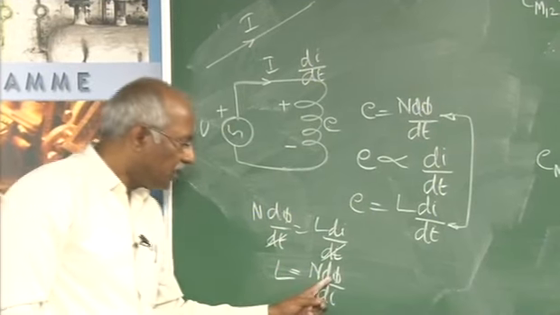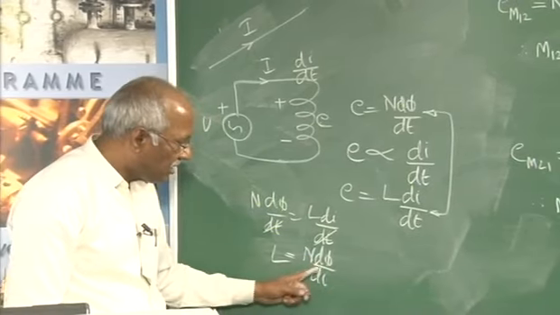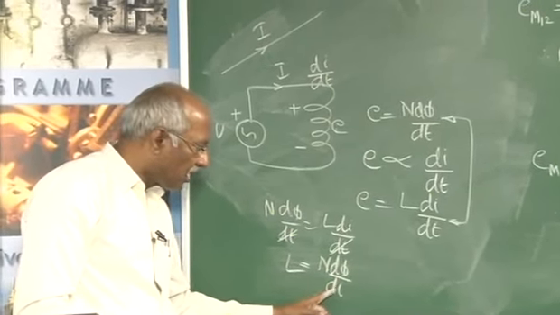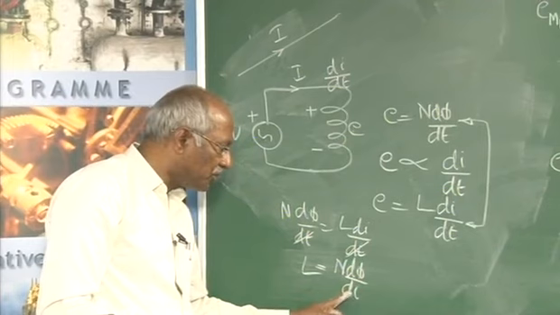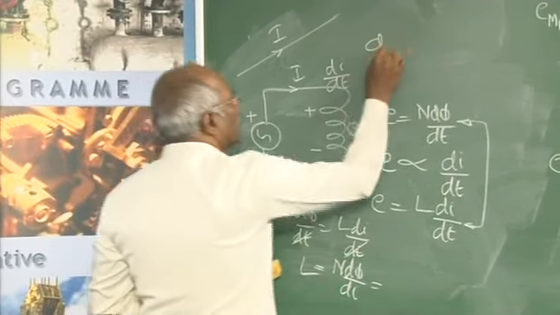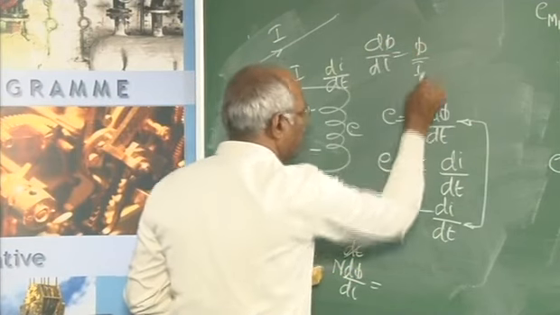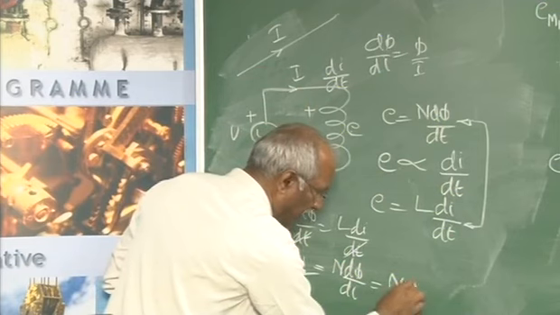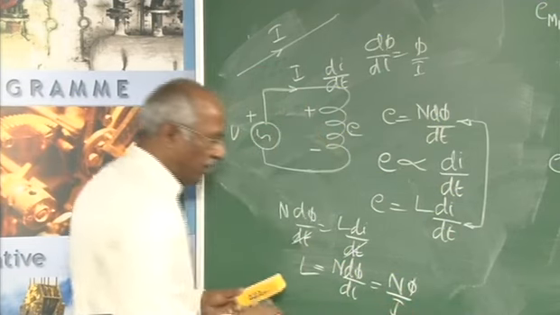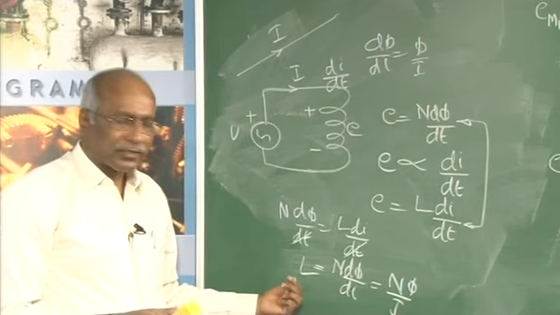Often when there is a linear relation between the current and the flux, if the flux produced is proportional to the current, then d phi by di can be written as phi by I. In that respect, it is N phi by I. That is nothing but flux linkage over current, which is the inductance.